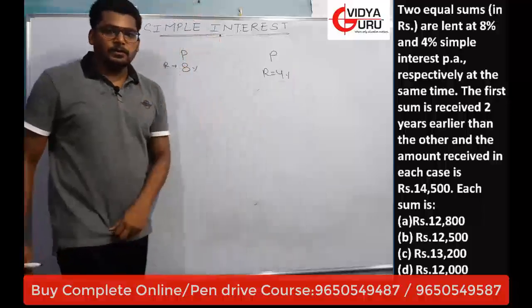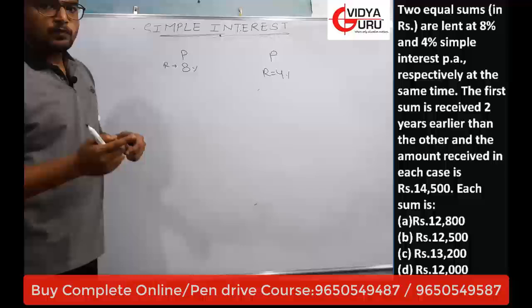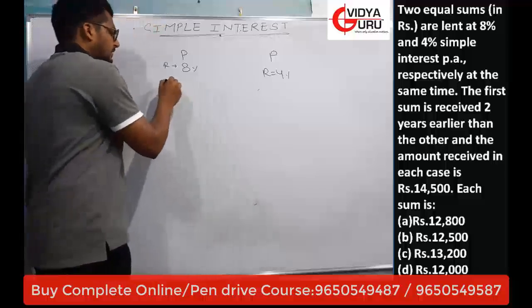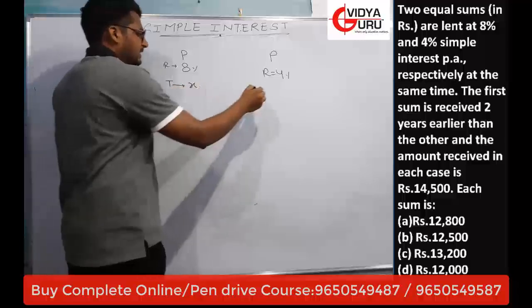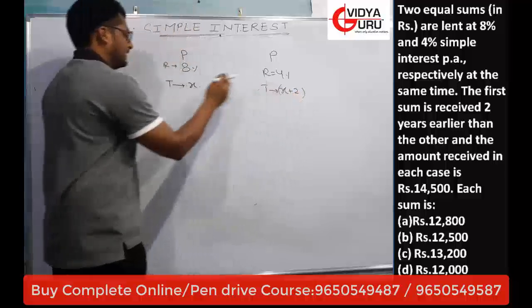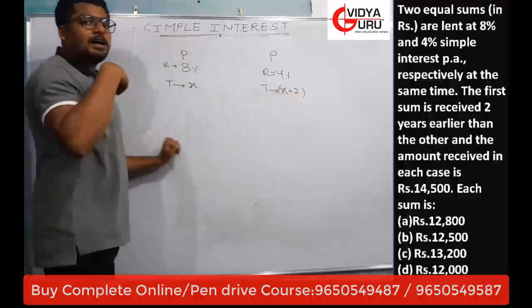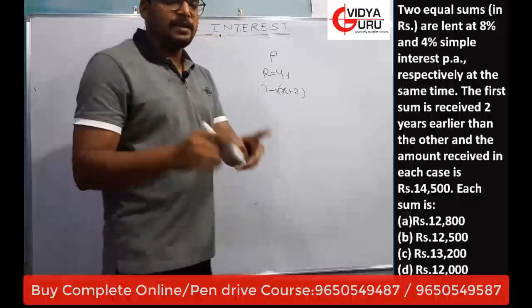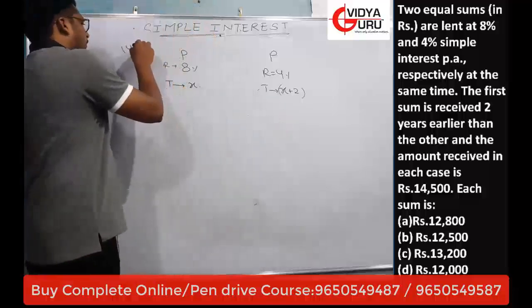In the next statement, the question is saying the first sum is received 2 years earlier. That means if for this the time is x, then for this the time is x plus 2, because it is received 2 years earlier than the second sum. The question is saying the amount received in each case is 14500.